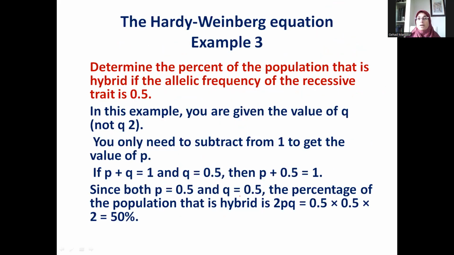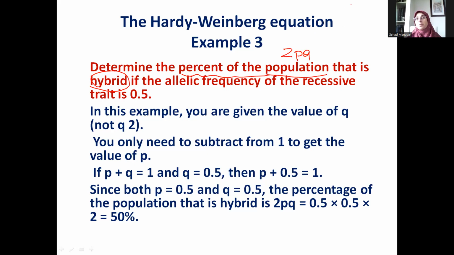Here we have a third example. I'm trying to get you all the examples of the Hardy-Weinberg principle. Here we're going to determine, again, the percentage of a population that is hybrid. So it's neither p squared nor q squared, because the percentage of the population that is hybrid is 2pq.